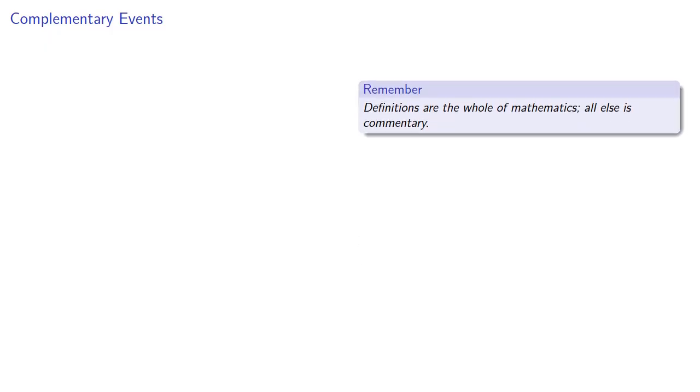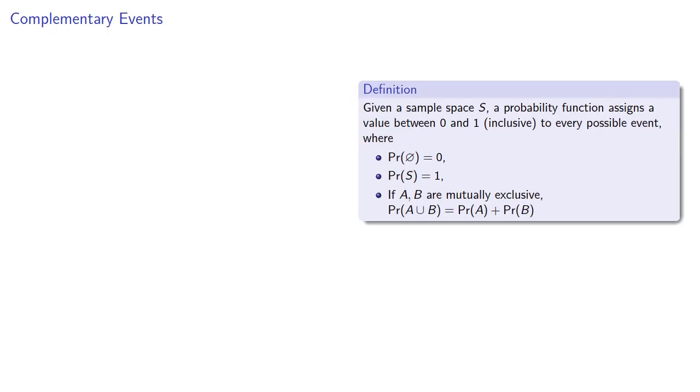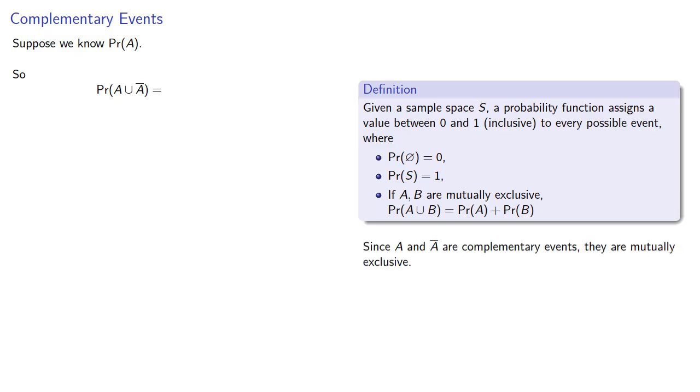So suppose we know the probability of some event. Now definitions are the whole of mathematics, all else is commentary. So let's pull in our definition of probability. So let's start off with the probability of the union of some event A and its complement. Now, since A and A complement are complementary events, they're mutually exclusive.